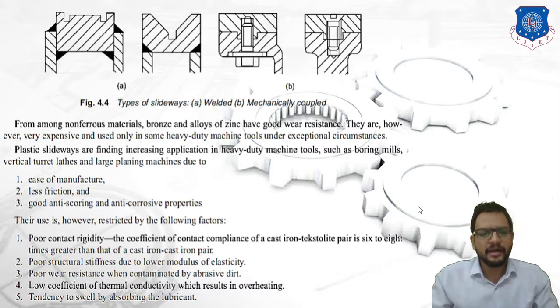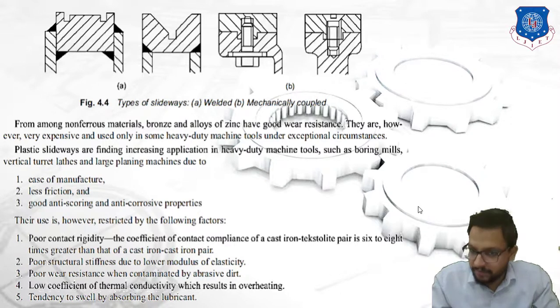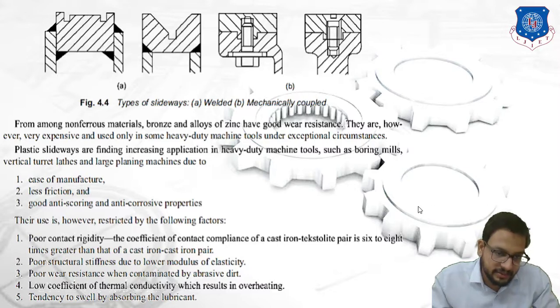But along with that, there are also certain disadvantages of using plastic as a slideway material. So what are they? First, as you can see on your screen, it is poor contact rigidity. The coefficient of contact compliance of a plastic pair is 6 to 8 times greater than that of a cast iron pair. Second is poor structural stiffness due to lower modulus of elasticity.